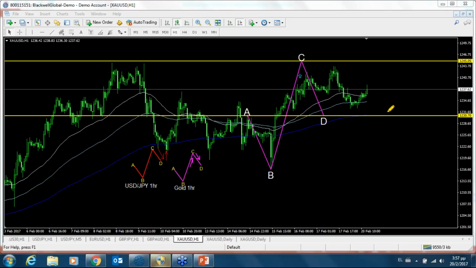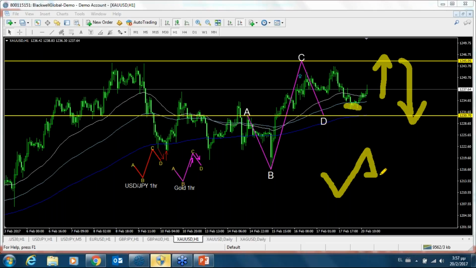It wants more than that, so it wants to go above that level. It is finding support, so there is potential of it going up there. If it does find resistance at that area, then you may have it coming downwards to the D point, which will then complete the ABCD pattern.